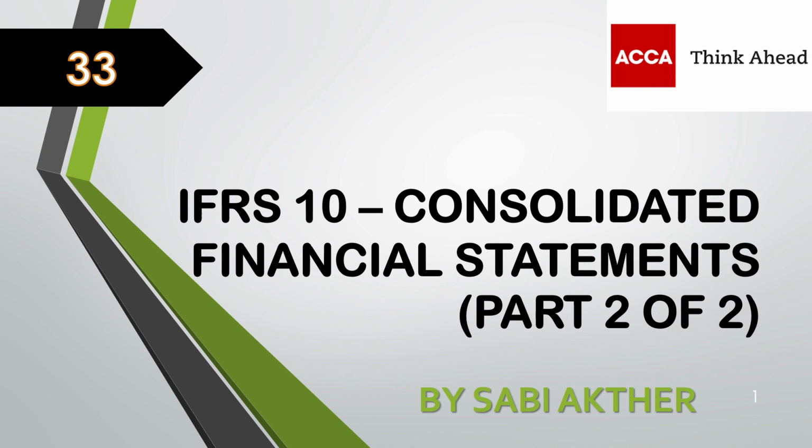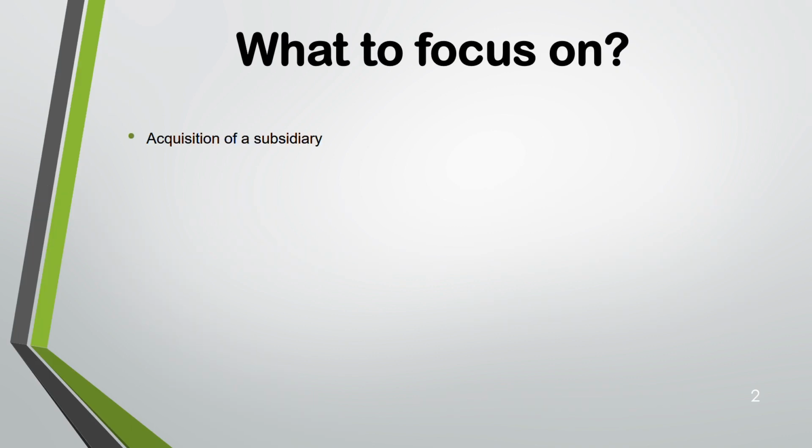In IFRS 10, in the first part we went through the basic group. Now in this lecture we are going to continue with the changes in the group. What happens when you dispose and when you acquire, and how you are going to account for it in the consolidated financial statement. This is the focus of this lecture.